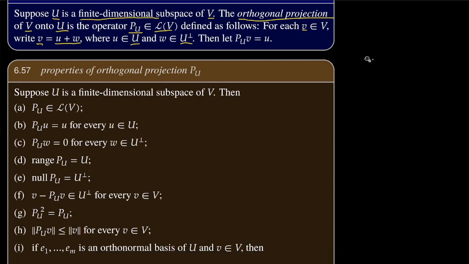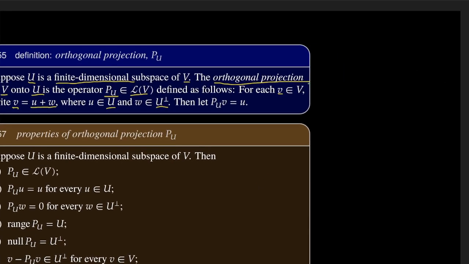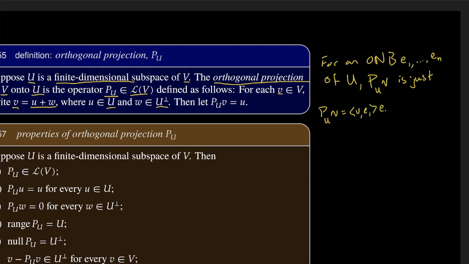So going back to the new stuff, here is the gist of all of it. We're going to have this map right here, and we can actually write out what it is for an orthonormal basis E1 through En of U. P_U of V is equal to the inner product of V with E1, scaling E1, plus dot dot dot all the way down through the inner product of V with En, scaling En.